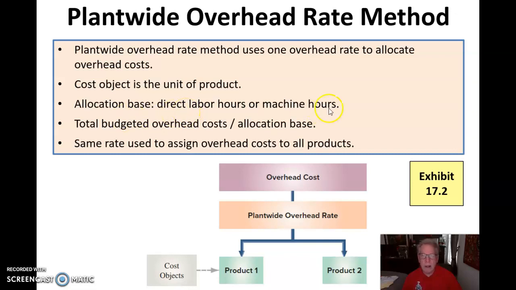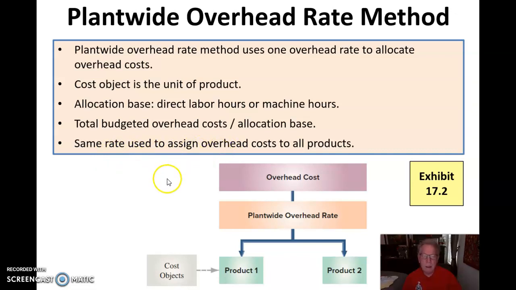Normally we use direct labor hours or even machine hours. It could be labor dollars as well, but normally direct labor hours is what we use. We base that rate on a budget, so it's an estimate. It's the same rate that we use to assign overhead costs to all the products, no matter what kind of products they are.